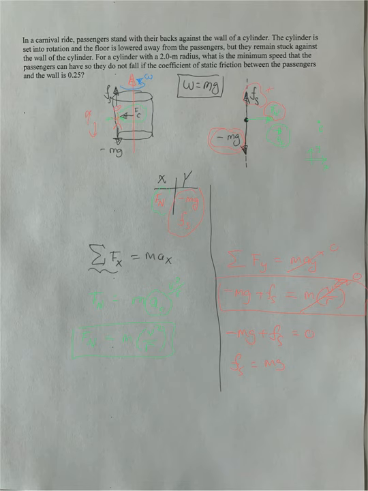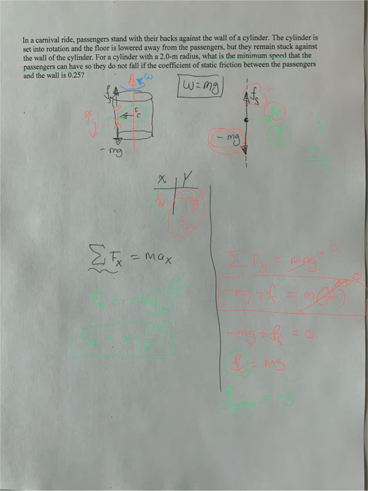Now, keep in mind that the problem asks for the minimum. So what is the minimum speed that the passengers can have so that they do not slide down or fall down? In that case, we will be on the verge of sliding down. So this is really Fs max is equal to mg.